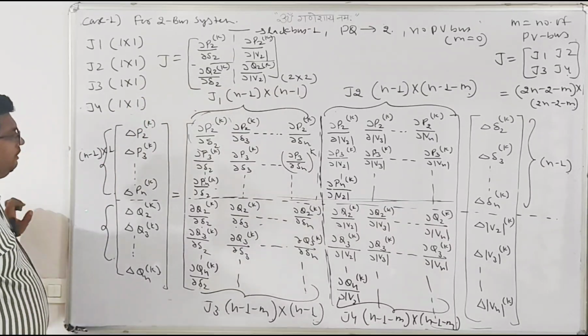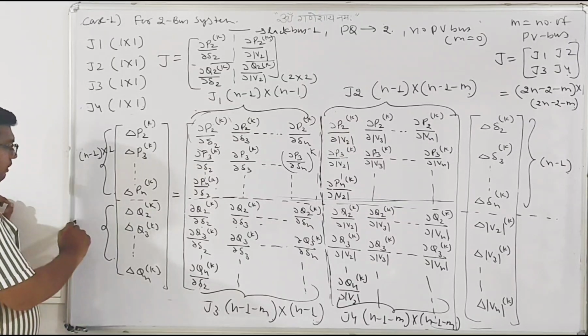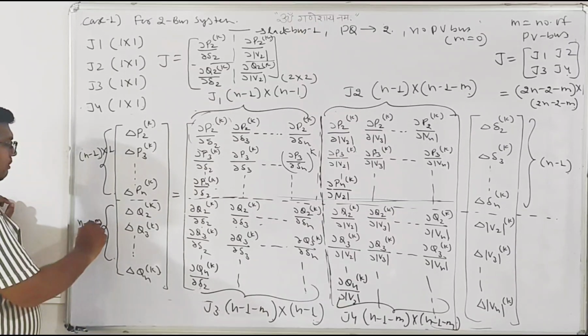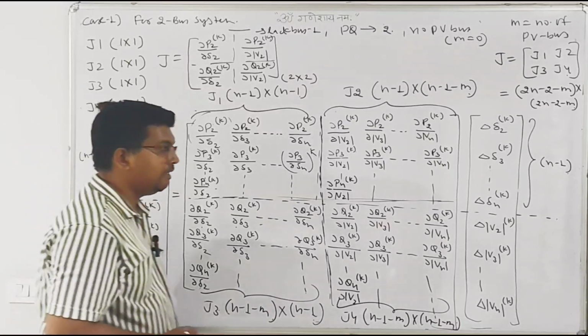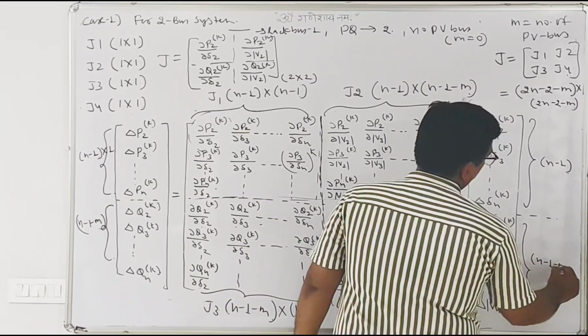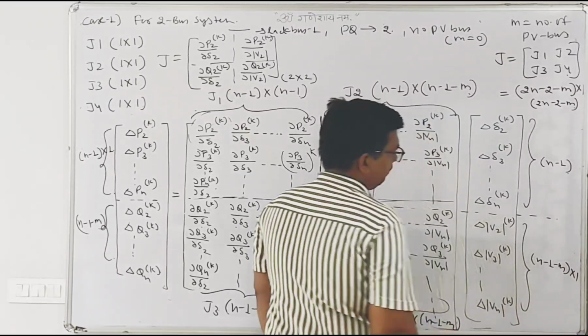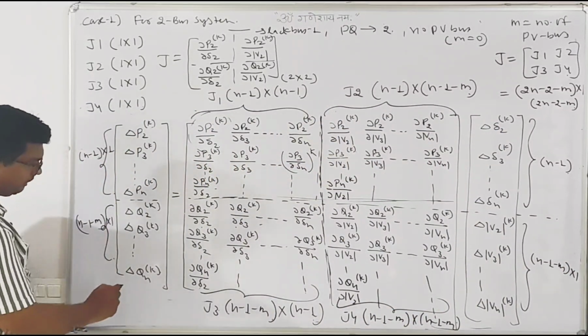Now another important thing: the left hand side quantities. Here the size will be n minus 1 minus m into 1, and this will also be into 1. Now what are these?